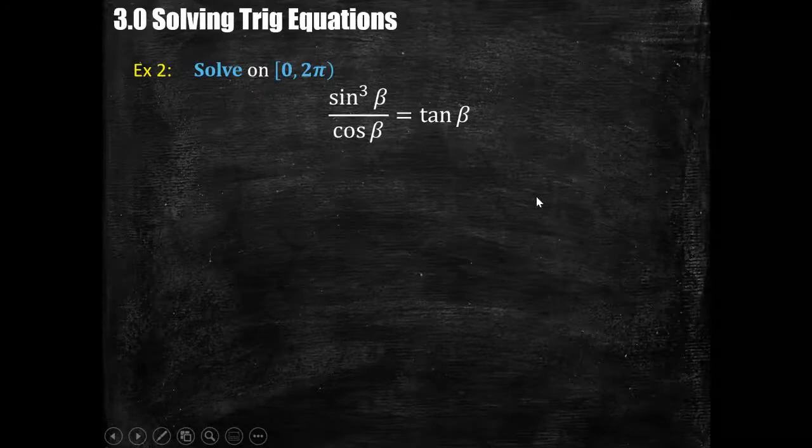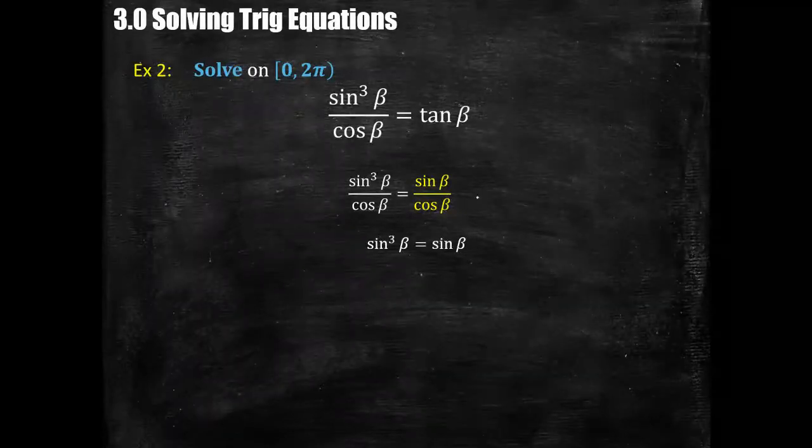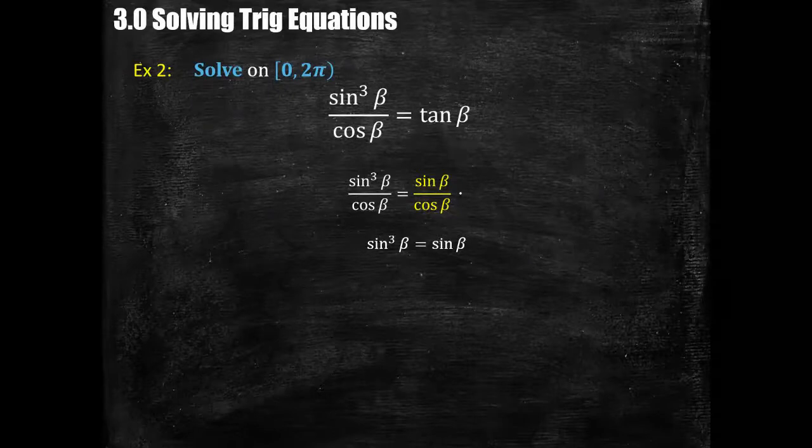Cool. Okay, so the first thing that I'm gonna do is I'm gonna go ahead and change tangent of beta to sine over cosine. Okay, so if you notice these two fractions, they have the same denominator. Therefore, their numerators must be equal, right? Realistically, what I'm doing algebraically is multiplying both sides by cosine, right?